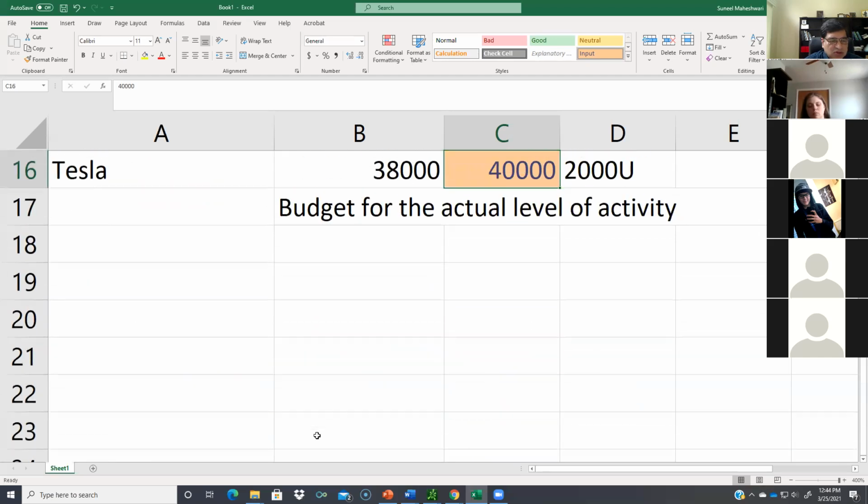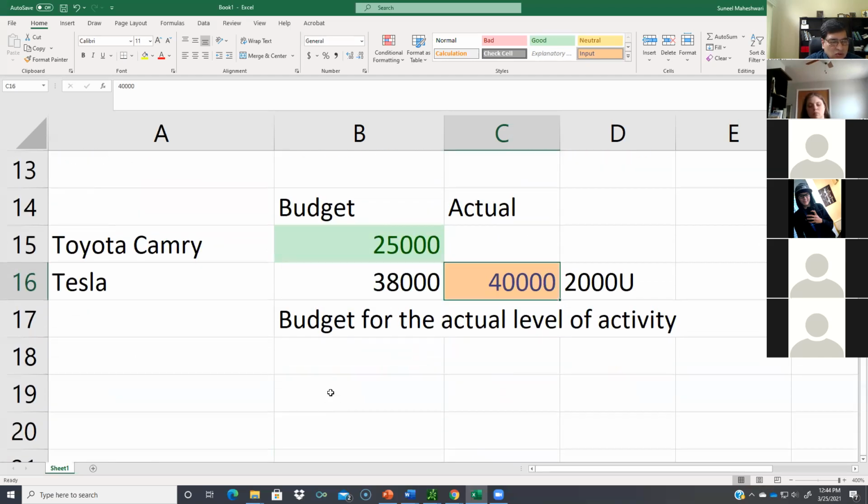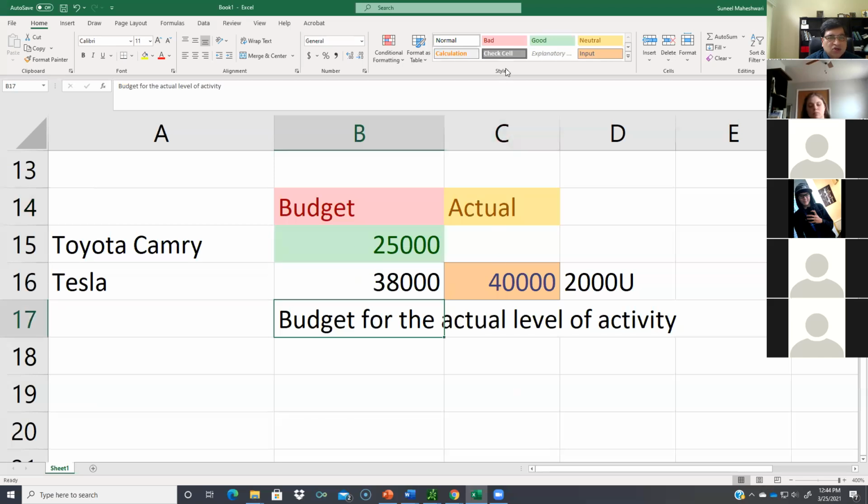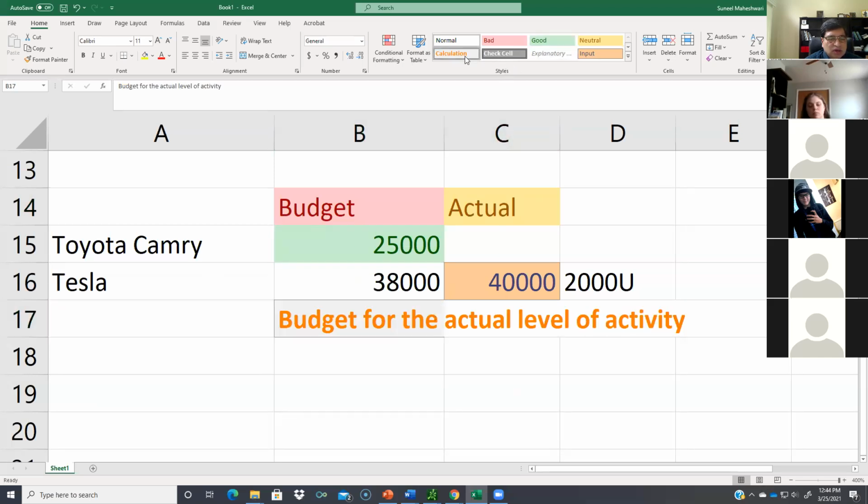Over here, we have got three numbers. One is your budget, one is your actual, and one is your budget for the actual level of activity, right?